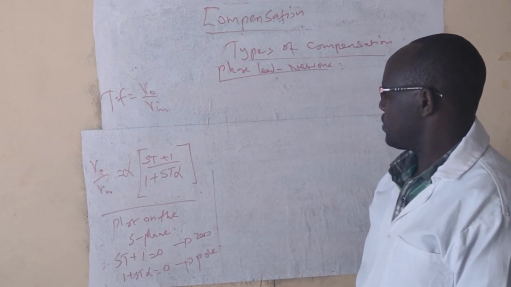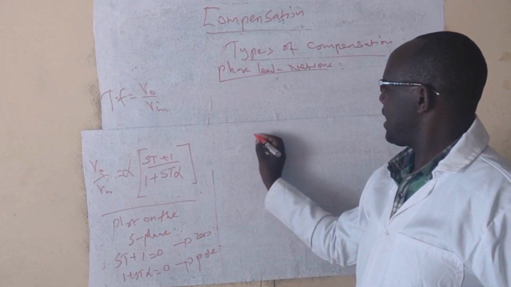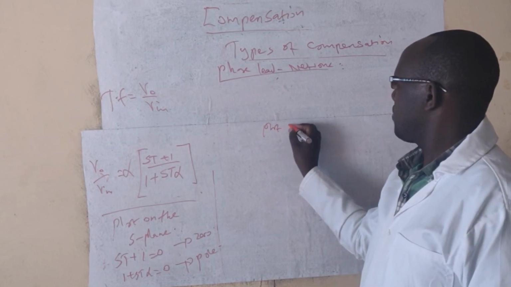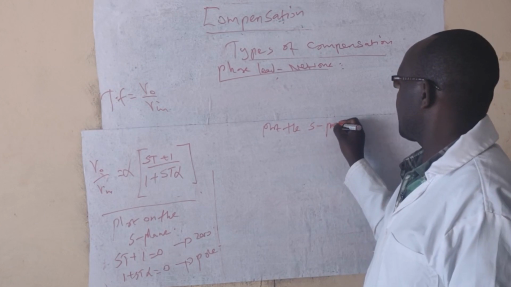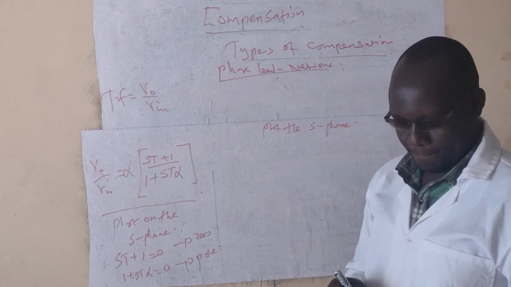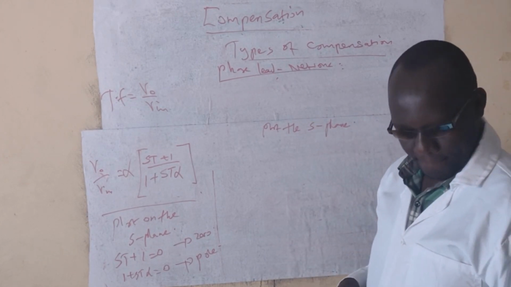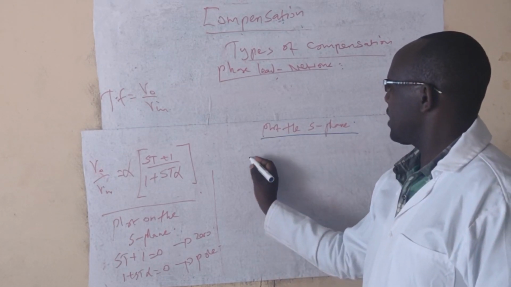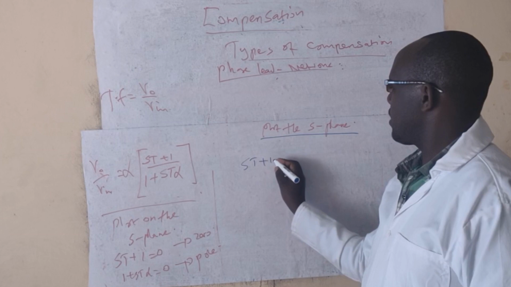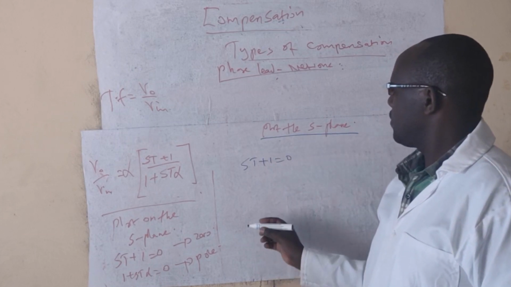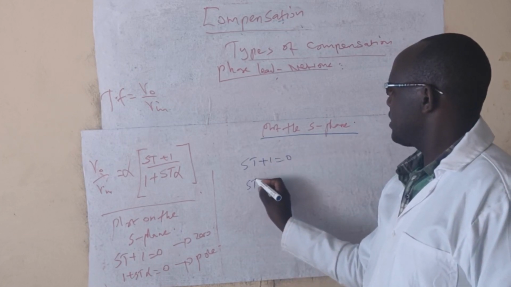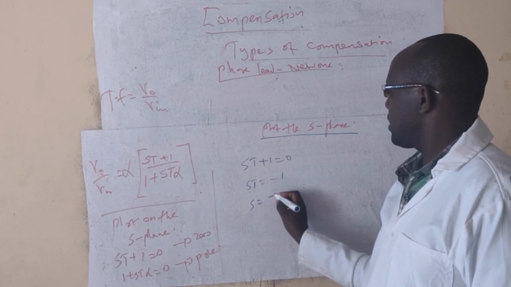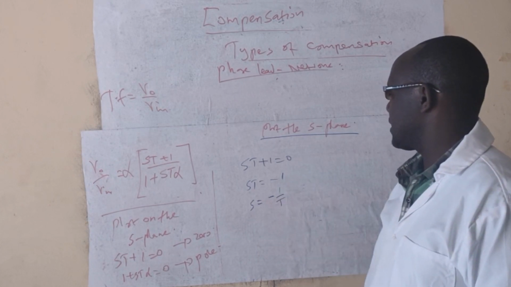So by putting the zero, we find S, because we want to plot the S plane. Then we say ST plus 1 equals 0, so ST is going to be negative 1, so S is going to be negative 1 over T.